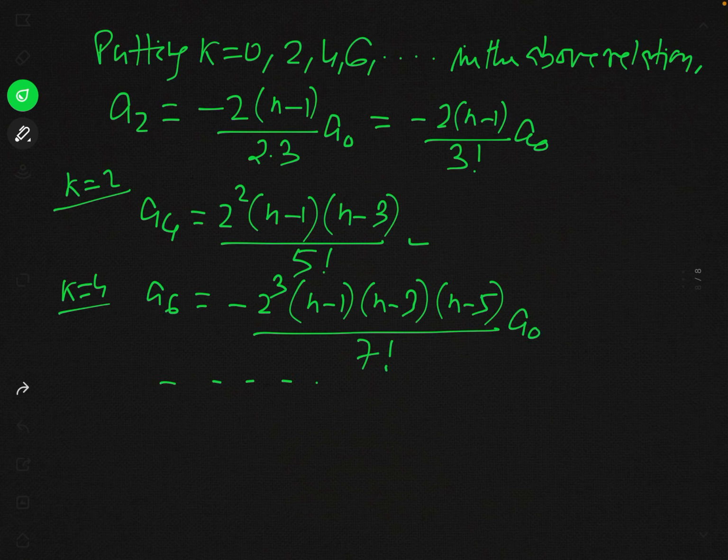And in this way you can obtain the value of a8, a10 and so on. But there is no need to write all those values. So in this condition, if we write the solution of the Hermite differential equation, what will be our solution?